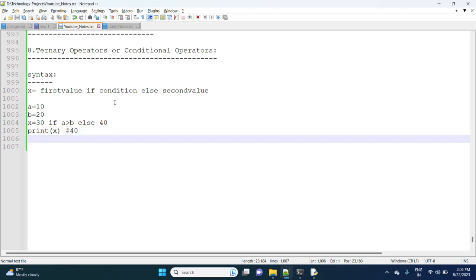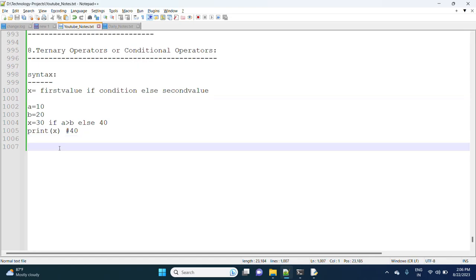Clear, right? Coming to ternary operators, let me write the theory.